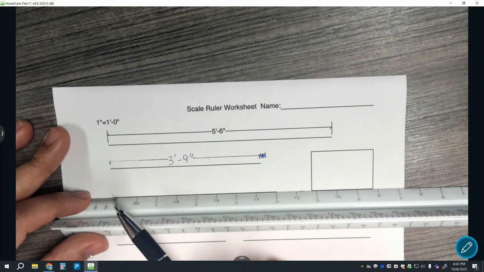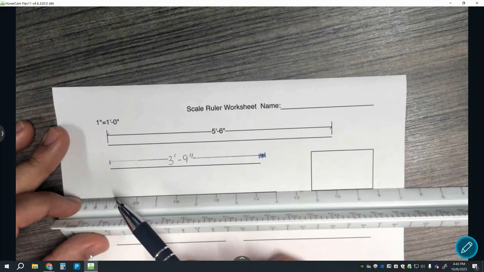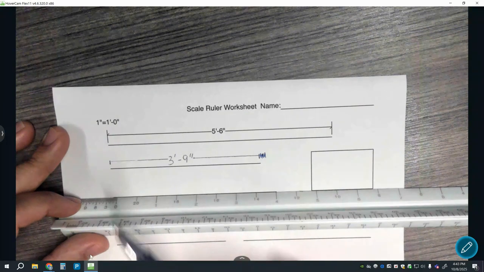That's 0. What numbers must these be in order to get to 3 in 3 steps? Well, that's pretty easy. That's going to be 1, 2, 3. Therefore, that big line right here, this first big line, is 1 inch. Now, notice how there's another medium-sized line here between the 0 and the 1. How long would that line be? That would be half an inch. And there's another little tiny dash in between. That would be 1/4 of an inch. So in this case, we would write 4 feet, 1 inch.